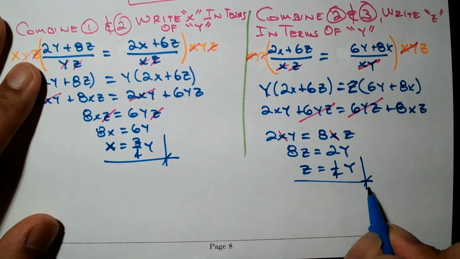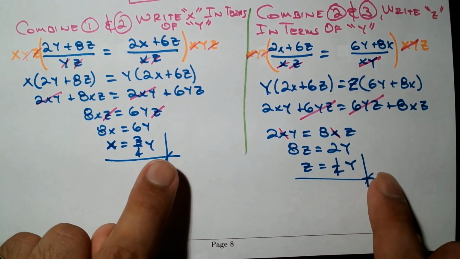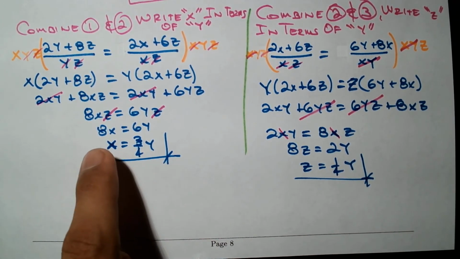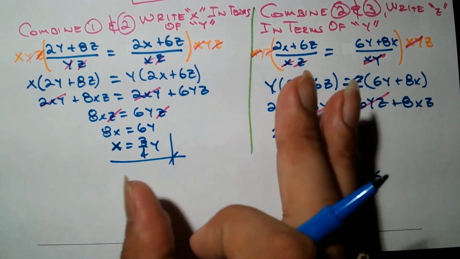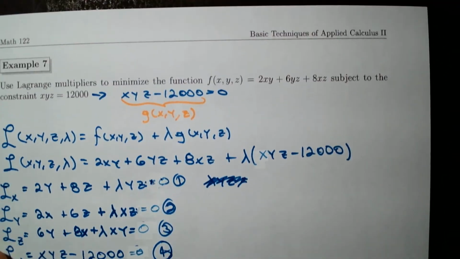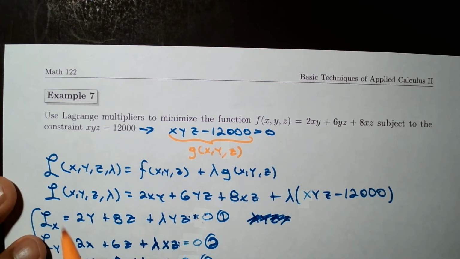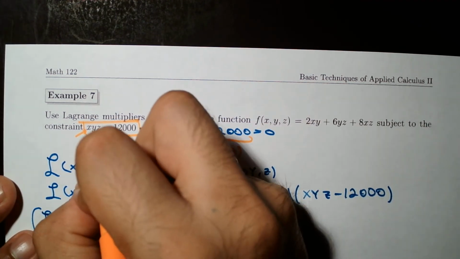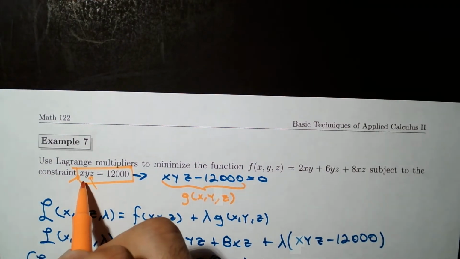So in this case, instead of having two numbers like we did with the other types of systems of equations, we're getting two variables in terms of the same y. Why are we going to do that? Because we are going to go back to our constraint. I'm going to write x in terms of y, and z in terms of y, because I already had a y over here.